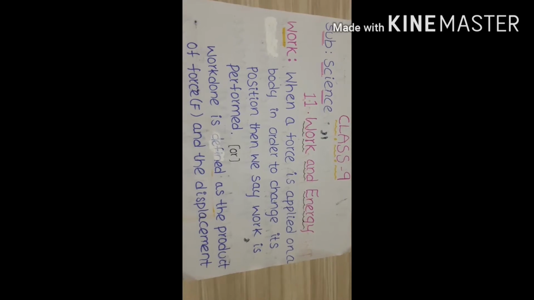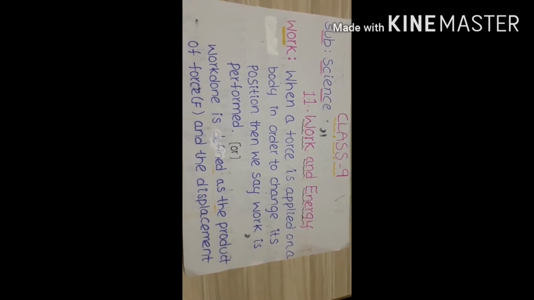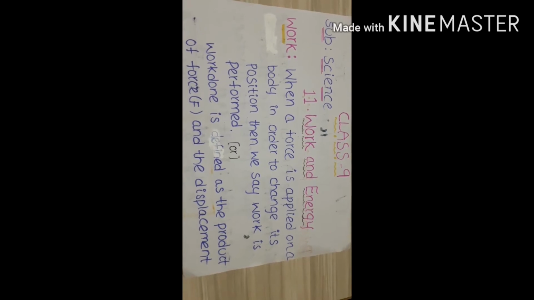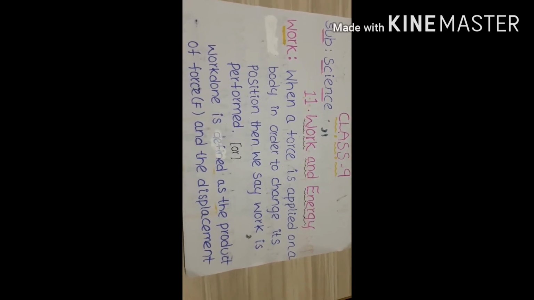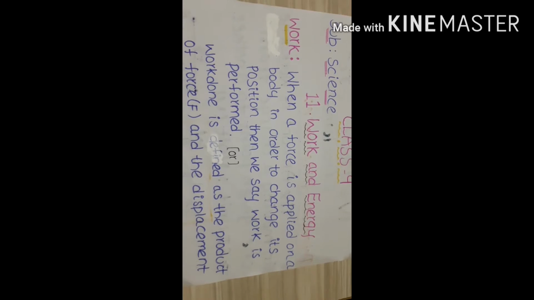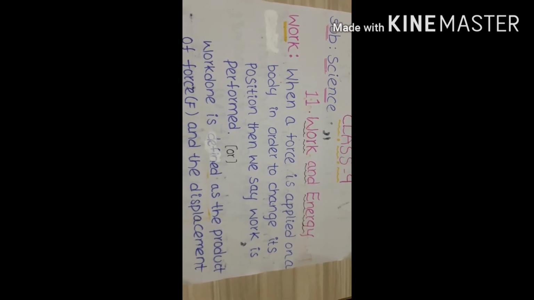Next, what are the examples of work? We see a number of examples of work in daily life. Those are lifting an object, moving an object, swimming, throwing a stone, throwing a ball.